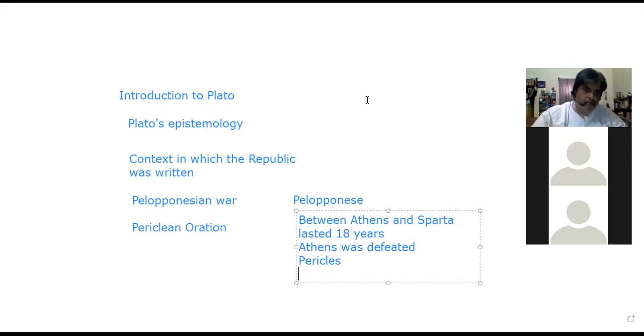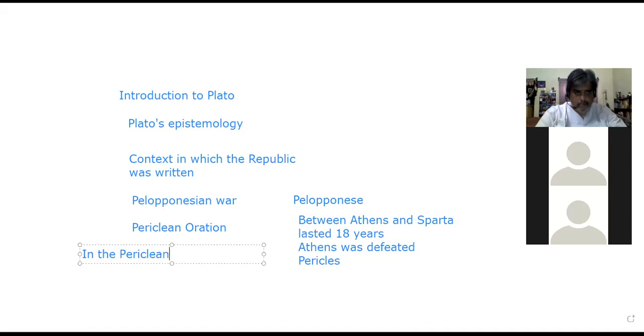In the Periclean Oration, Pericles underlined the reasons why Athens lost the war.